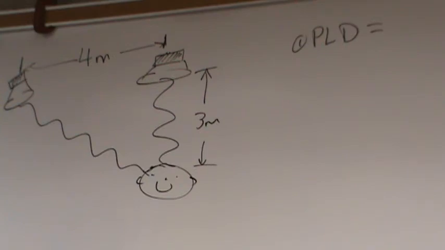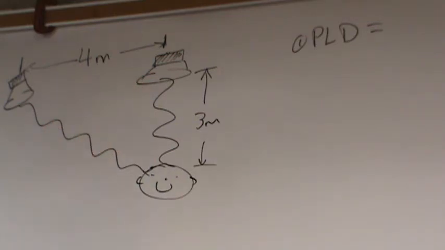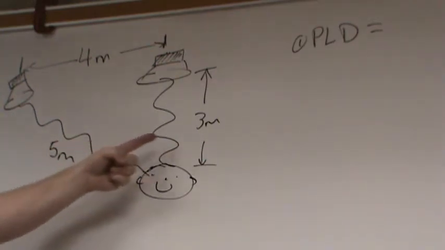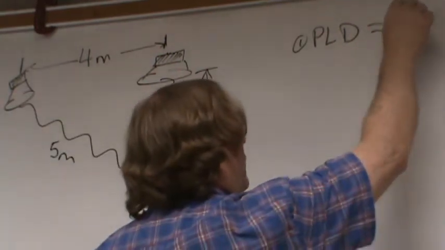Okay. How many people say the path length difference is 2 meters? Yay, thank you so much. Beautiful. Good. Because this distance from here to here is 5 meters, and the difference between 5 and 3 is 2. The path length difference is 2 meters.